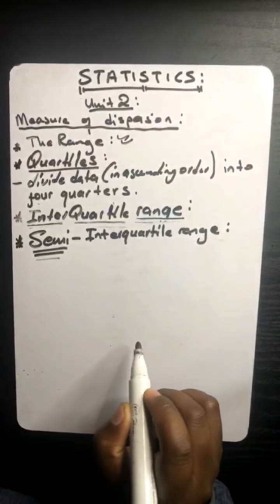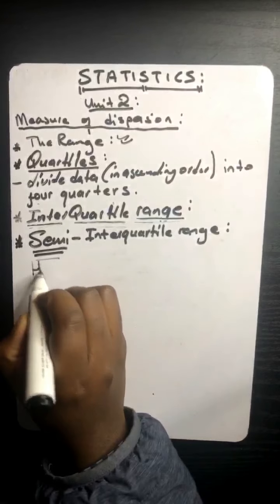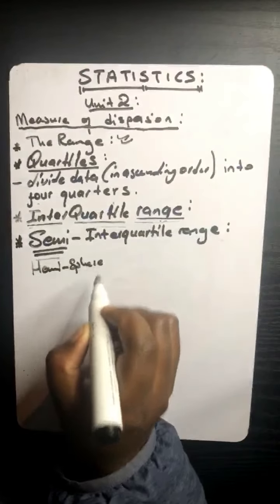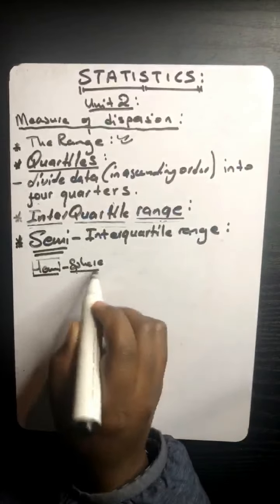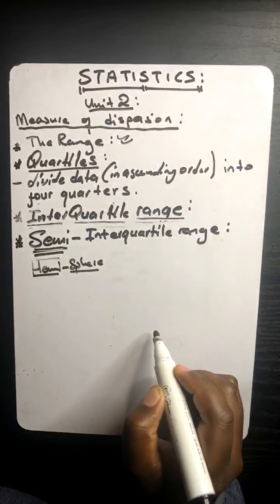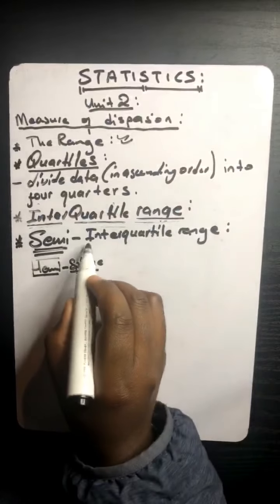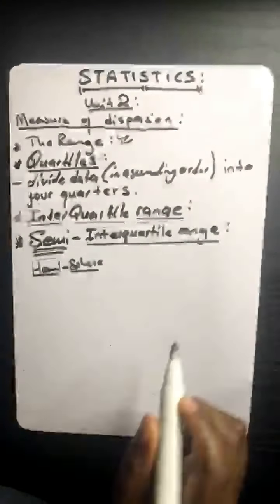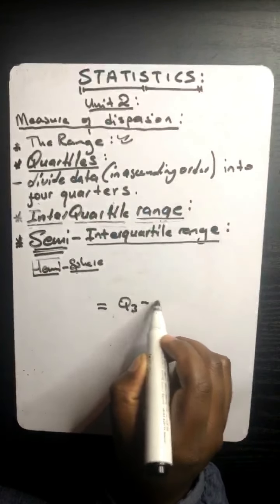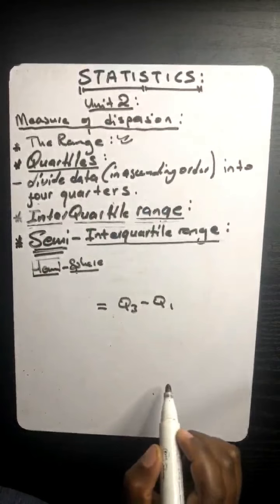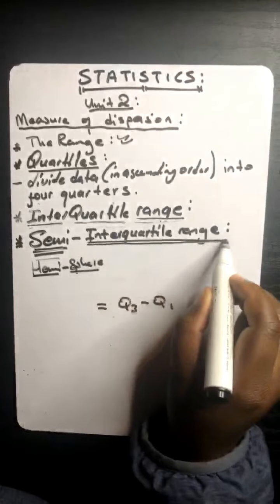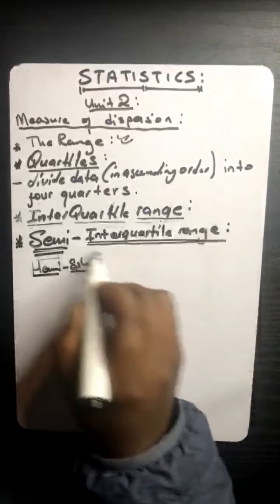Semi simply means half, just like hemi. You remember we have something called hemisphere, hemi meaning half of a sphere. But in this case, we talk about the semi-interquartile range. We know the formula for interquartile range. Is it not Q3 minus Q1? So if you want to calculate a semi-interquartile range, it's just half of this.